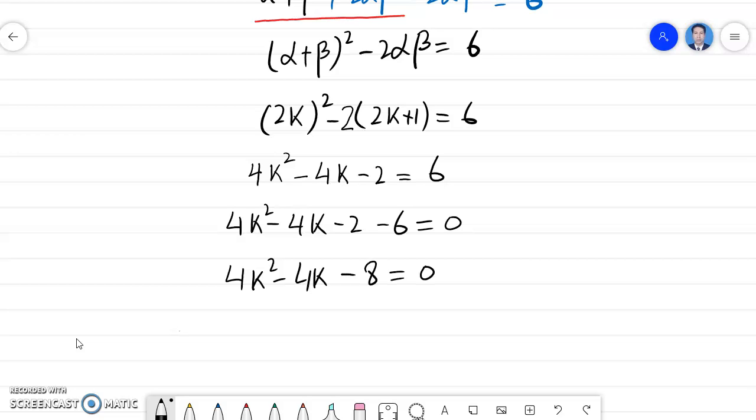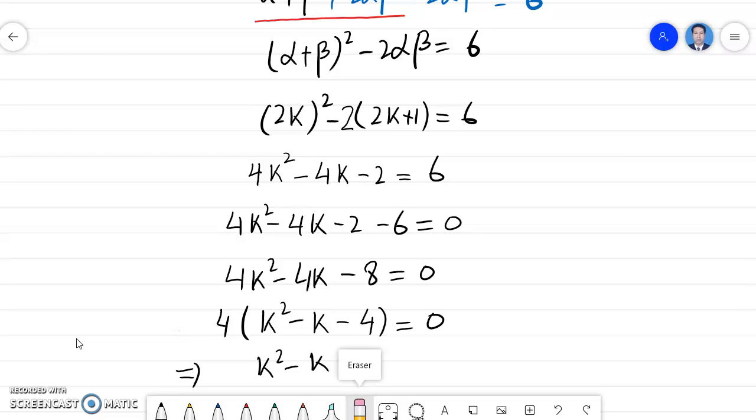So we should take the common. 4 common, we get k square minus k minus 2 equal to 0. The 4 will divide on the other side and become 0, so you may write that 4 does not equal 0. So this thing equal to 0.